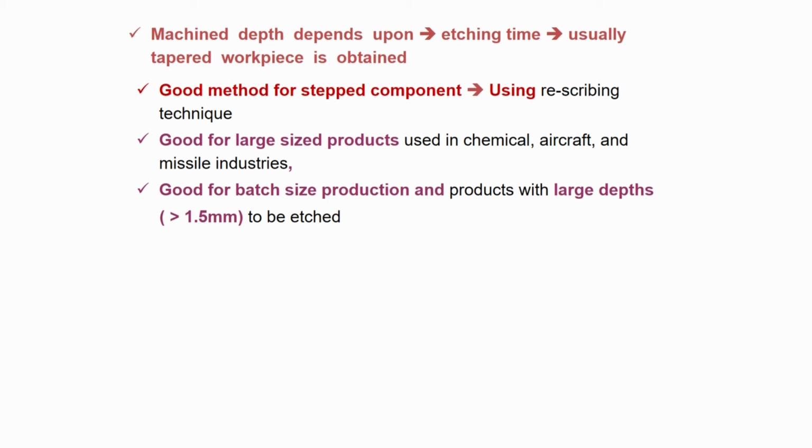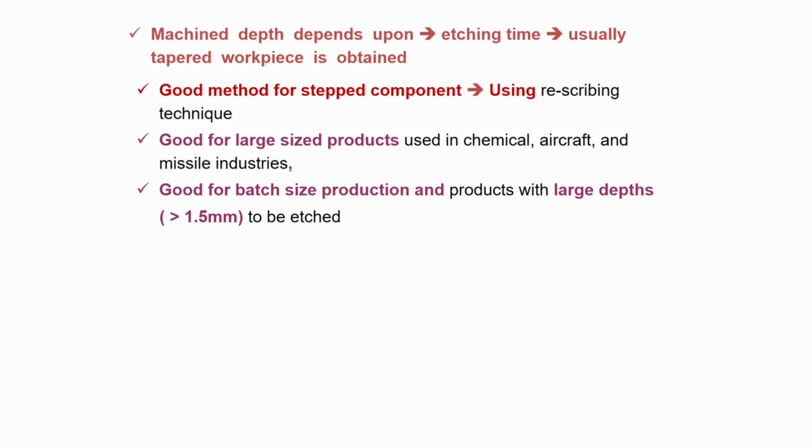Machined depth depends upon the etching time. Usually a tapered workpiece is obtained. This is a good method for stepped components using a rescribing technique, and good for large size products also. This cut and peel method is used in chemical, aircraft and missile industries.